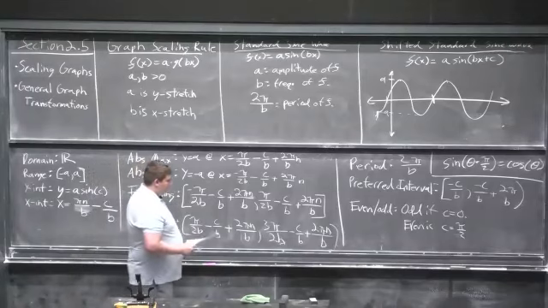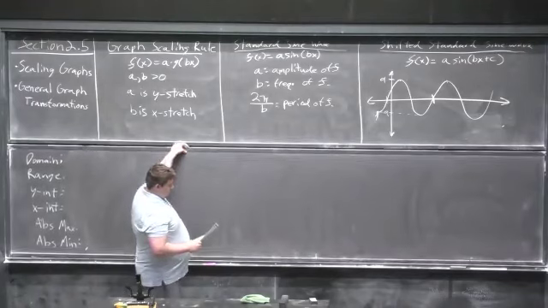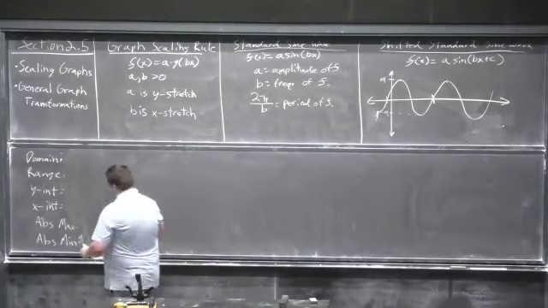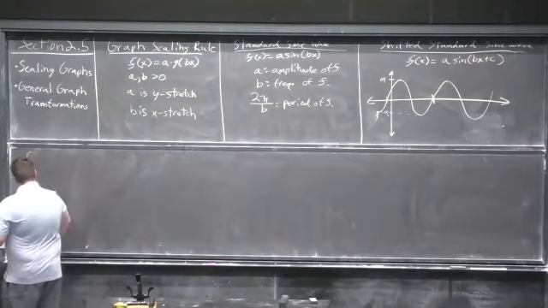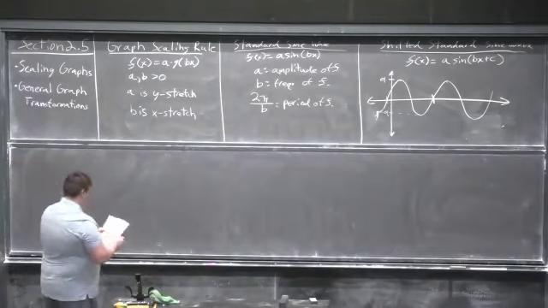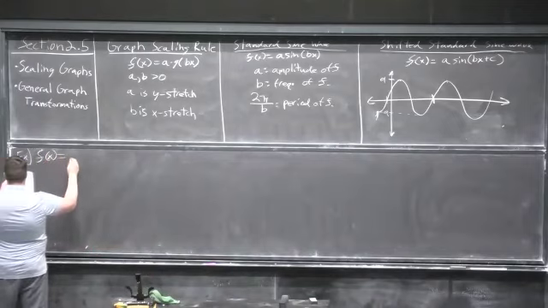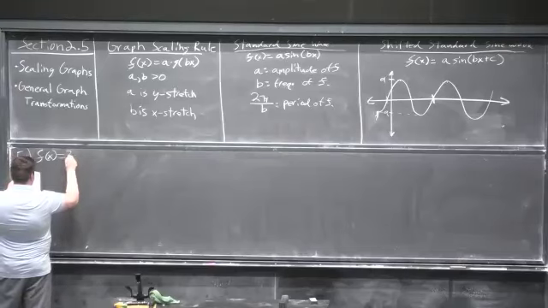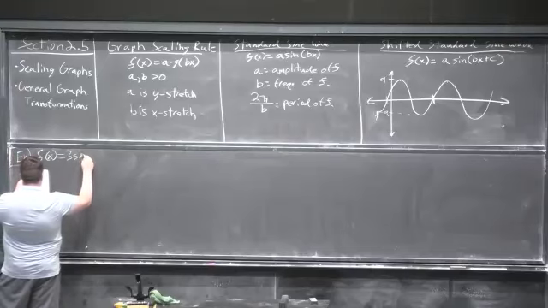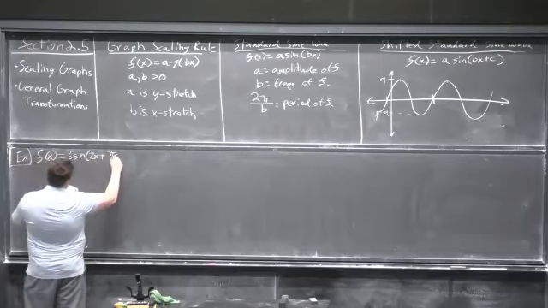So let's find some examples of this. For example 1, let's have this function: f of x is equal to 3 sine of 2x plus pi over 3.